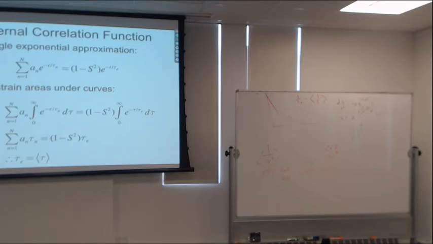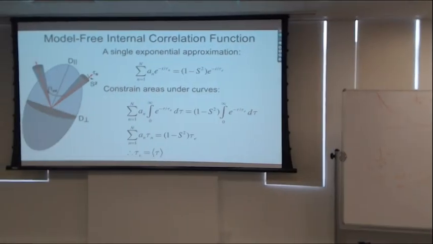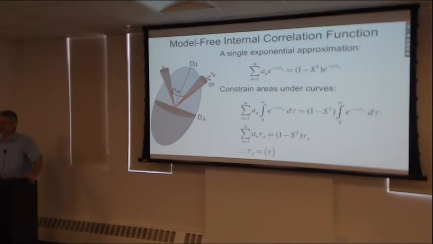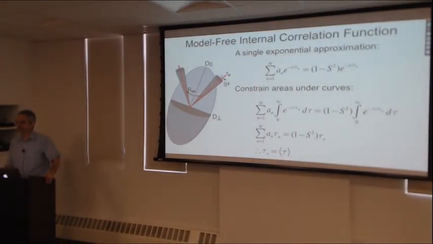What Lipari-Szabo chose was the most popular, most interesting, because we tend to be interested in the slower motions. The average of the times is dominated by the slower times, whereas the average of the rates is dominated by the faster times. And it just so happens we tend to be interested in the slower processes, not the faster ones.